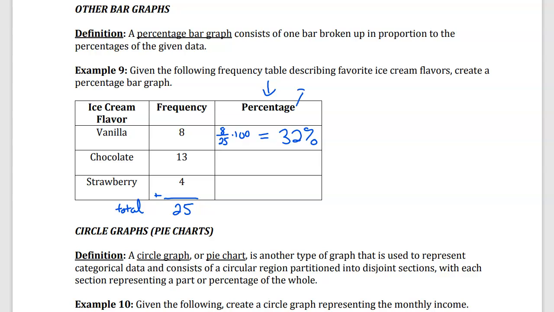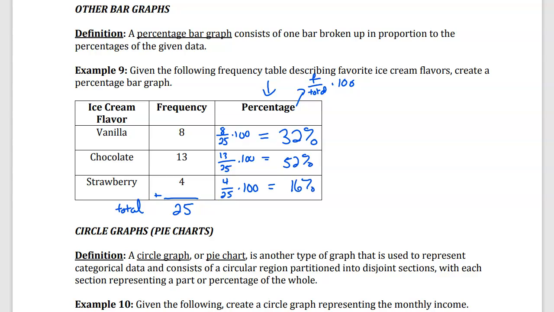So percentage is your frequency divided by your total times 100. So you're going to take 13 divided by 25 times 100, and you'll get 52%. 4 divided by 25 times 100, and you'll get 16%.